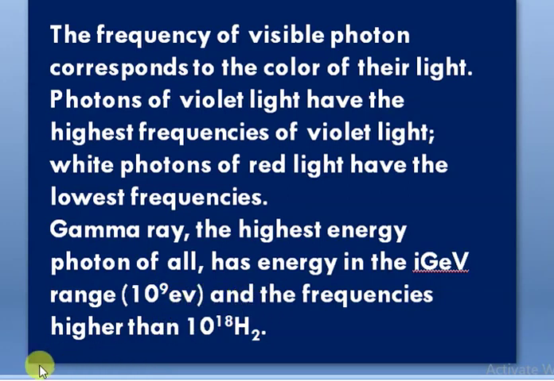They equally have a higher frequency, greater than 10 raised to power 18 hertz. So you find out that gamma rays have the highest photon energy level, and they equally have the highest frequency, higher than 10 raised to power 18 hertz.